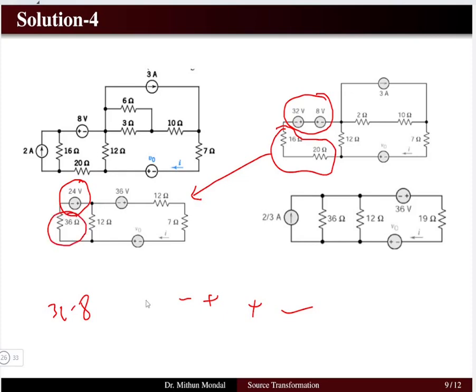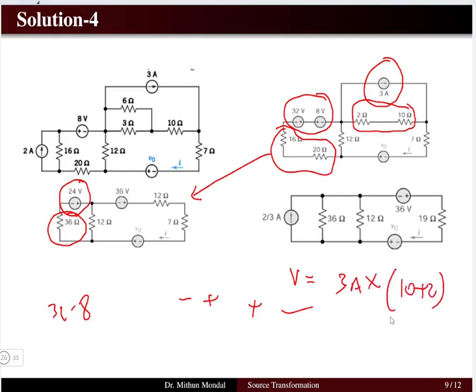Now in this part of the network, we have 10 ohm and 2 ohms in series, which is in parallel with the 3 ampere current source. The equivalent voltage source is the current 3 ampere multiplied by 10 plus 2, so we have 36 volt in series with a 12 ohm resistor. The polarity will be given in the direction of the current source.